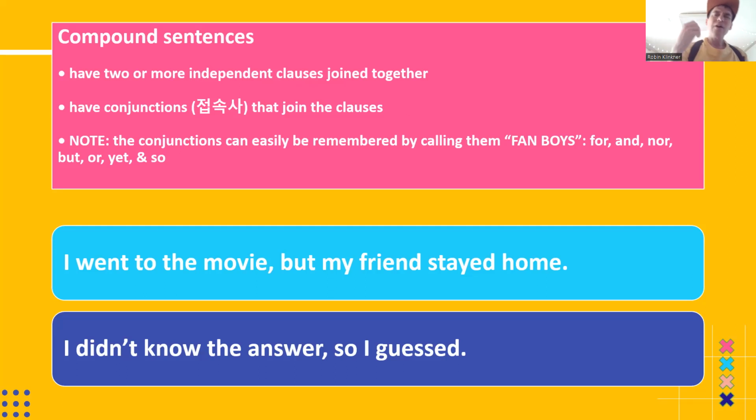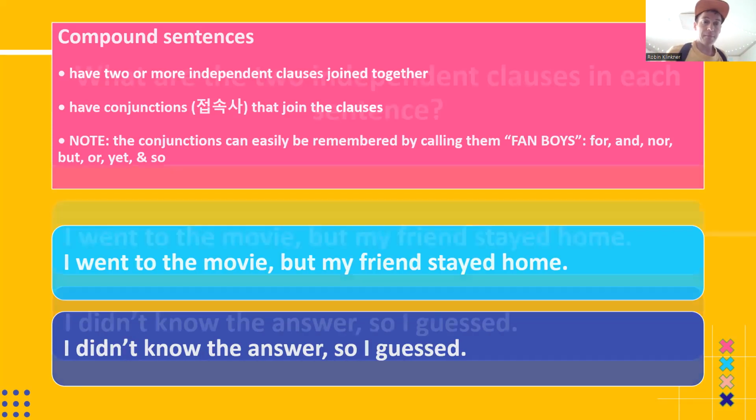When we combine simple sentences to make compound sentences, it makes the writing more advanced, like higher level writing. It sounds good. Having only simple sentences doesn't sound good. Sometimes it's good to have simple sentences, but we want to use a variety of simple, compound, and complex sentences to make the writing sound better.